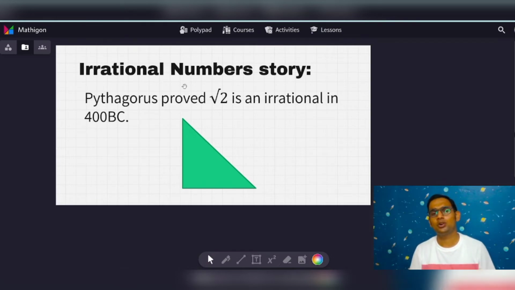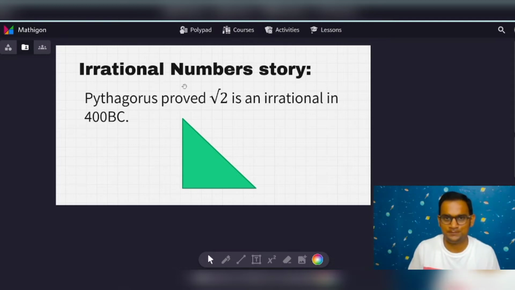So what happened was, Pythagoras, who is known to be the discoverer of irrational numbers around 400 BC, was looking at some shapes. He worked a lot on geometry.